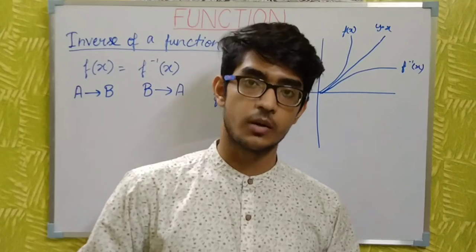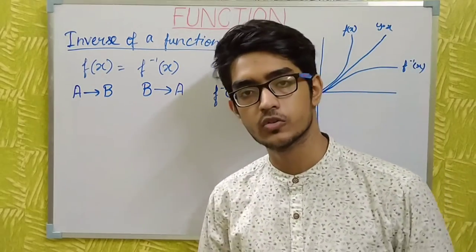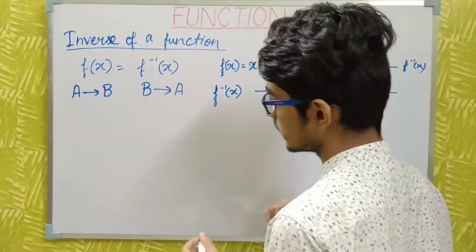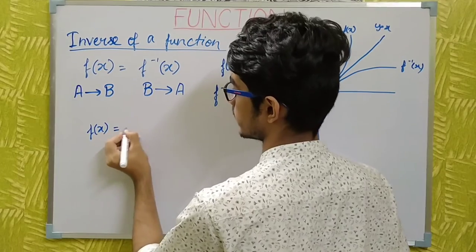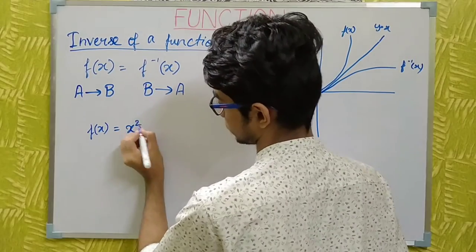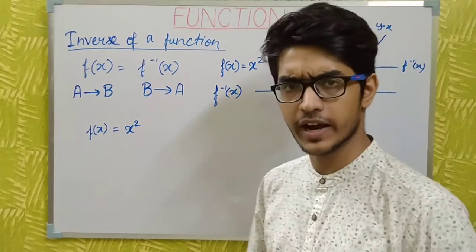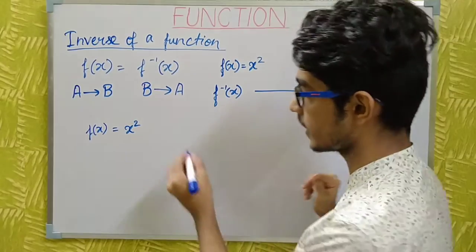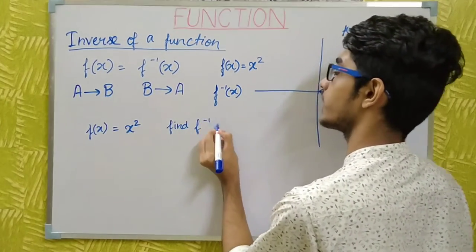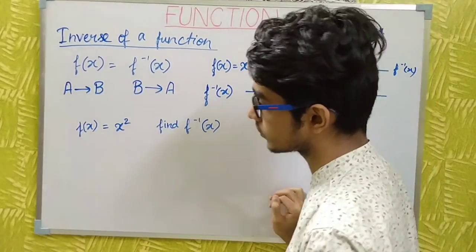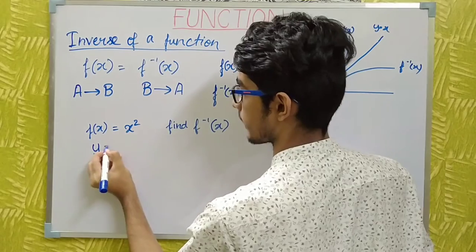Now I will teach you how to find the inverse of a function. If y equals, or f(x) equals, some function is given, let's say x square, the same function, how will we find the inverse of this function, that is f inverse x? First we have to consider f(x) equals y, then y equals x square.